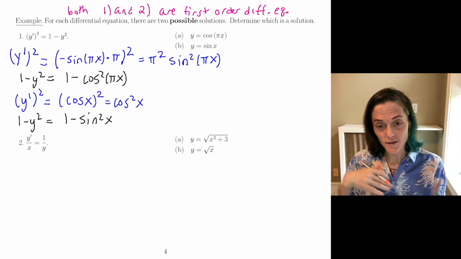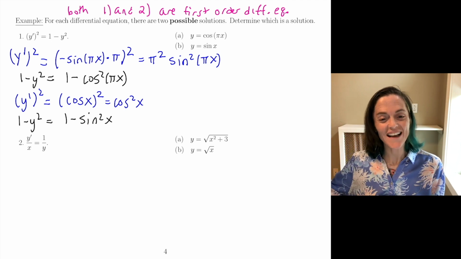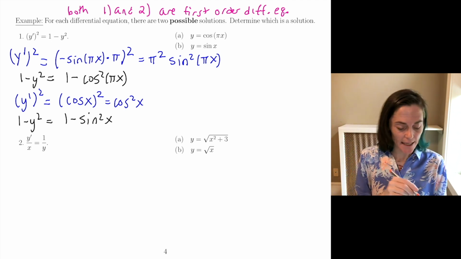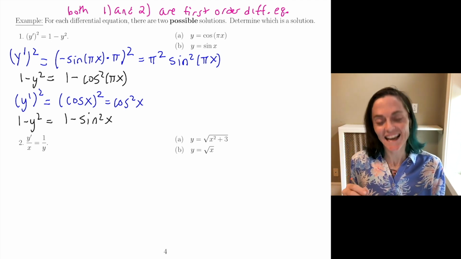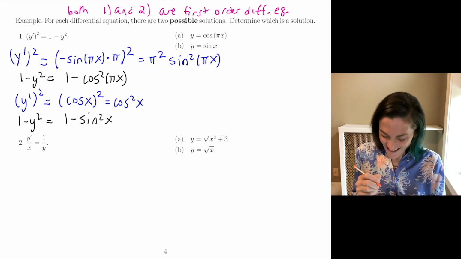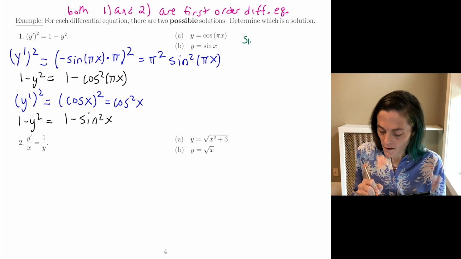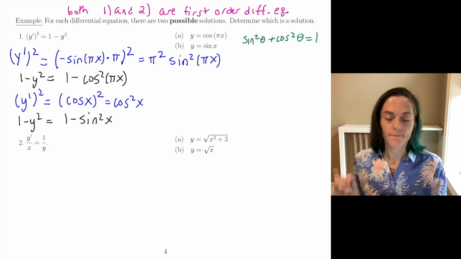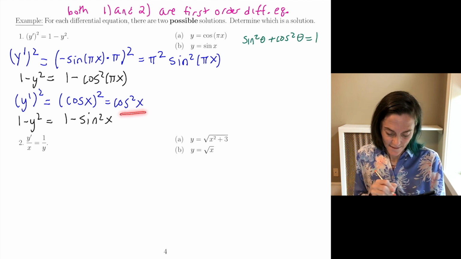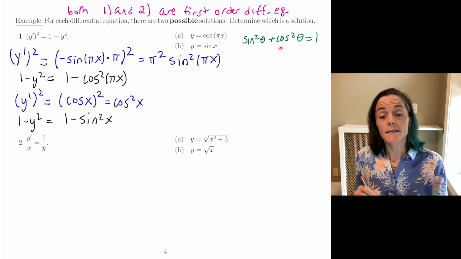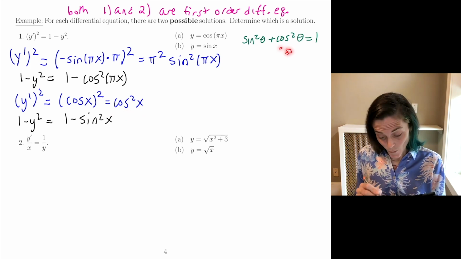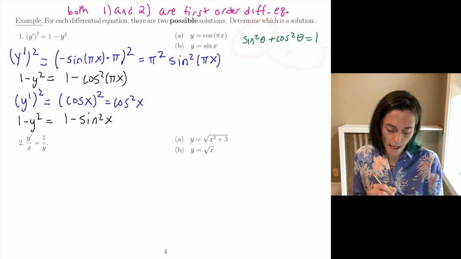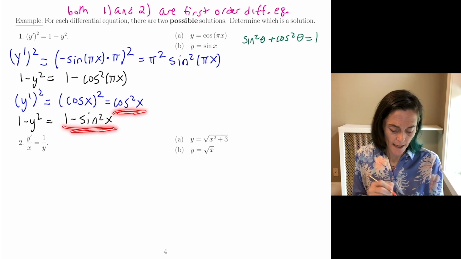You might think the answer is no and no, but we have a trig identity. What's the most important trig identity there is? Well, it's that sine squared theta plus cosine squared theta equals 1. So here, if we just subtract sine squared from both sides, we get cosine squared is 1 minus sine squared.